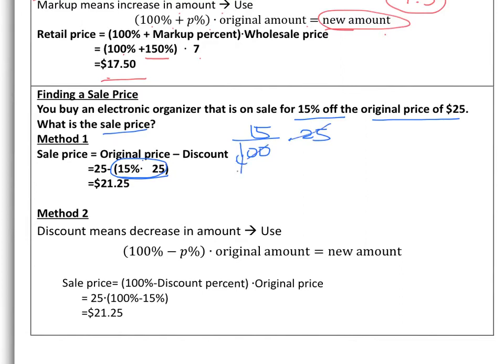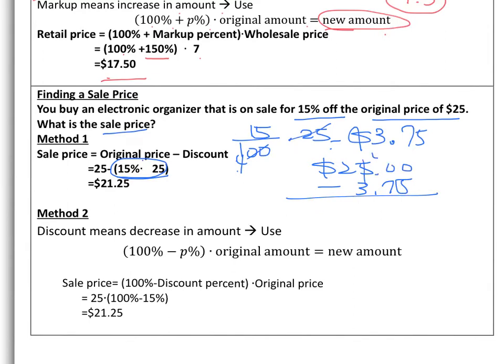So 15 divided by 4, you would get $3.75. And then we can take $25 and subtract $3.75 to get $21.25.